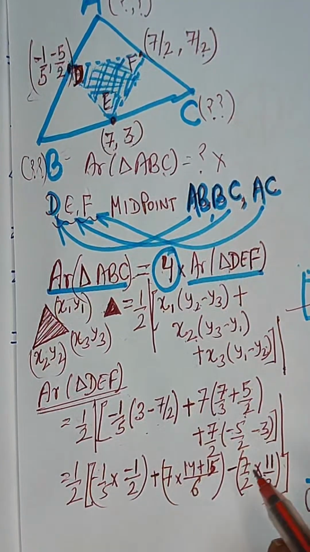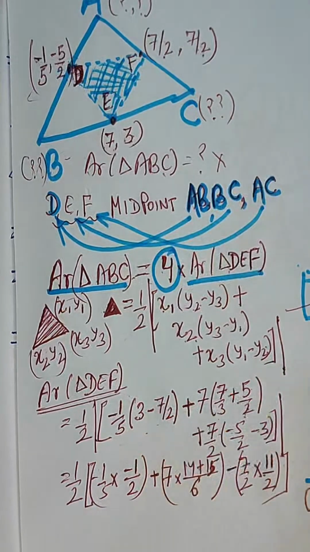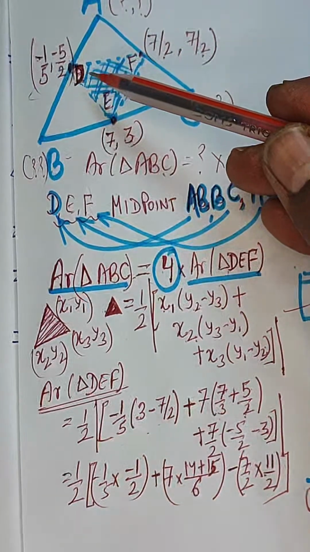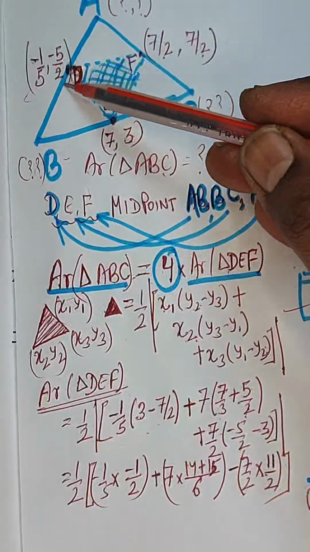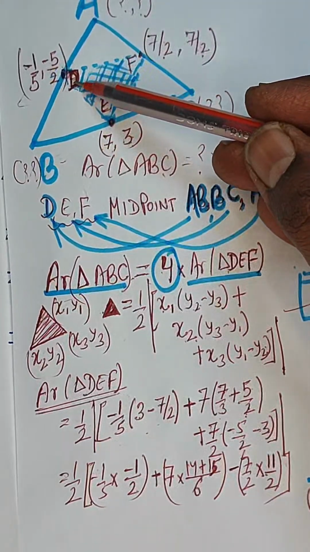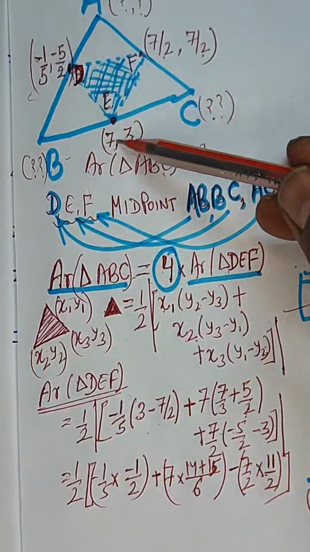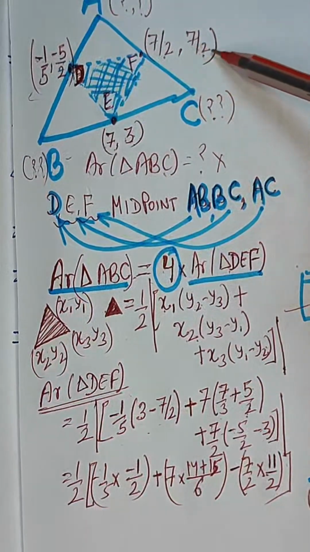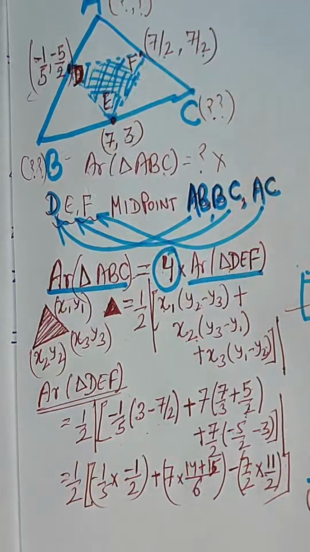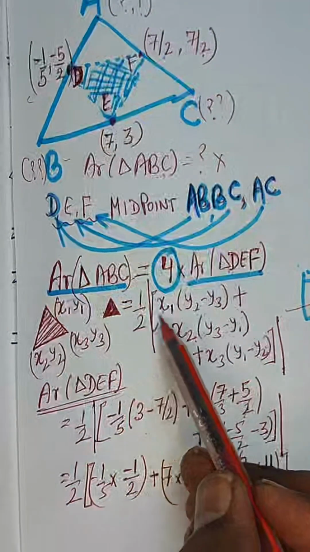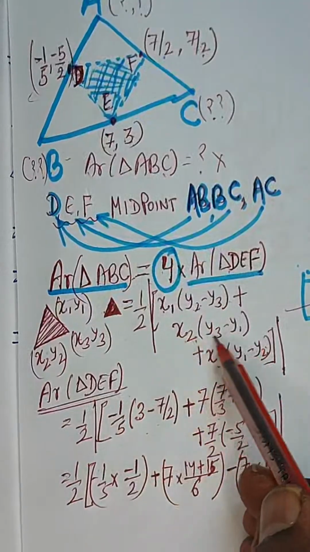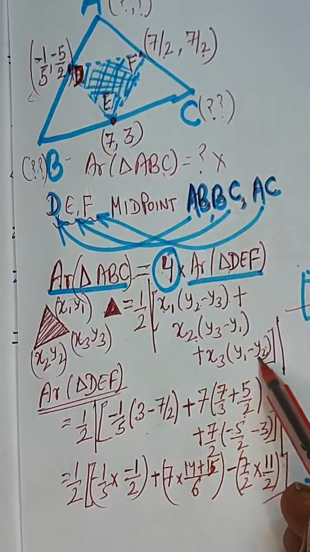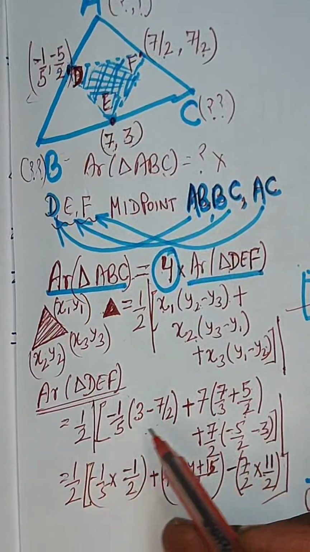Now you can see, just see the coordinates. Minus 1 by 5, minus 5 by 2 are the coordinates of D. 7 and 3 are the coordinates of E, and 7 by 2 and 7 by 2 is the coordinate of F. Using that formula, half of x1 into y2 minus y3, x2 into y3 minus y1, x3 into y1 minus y2. We just put the values over here.